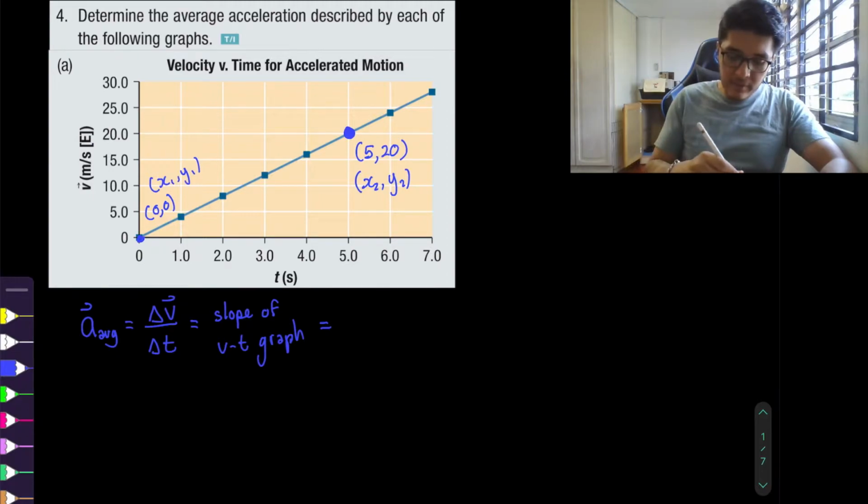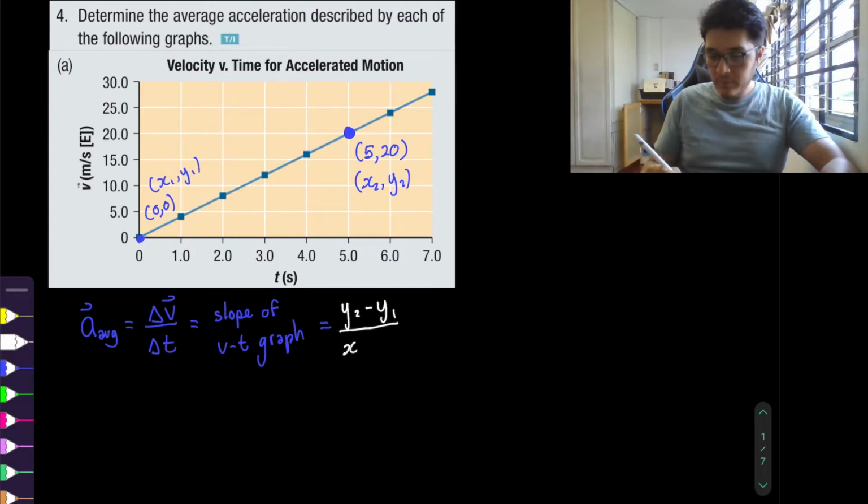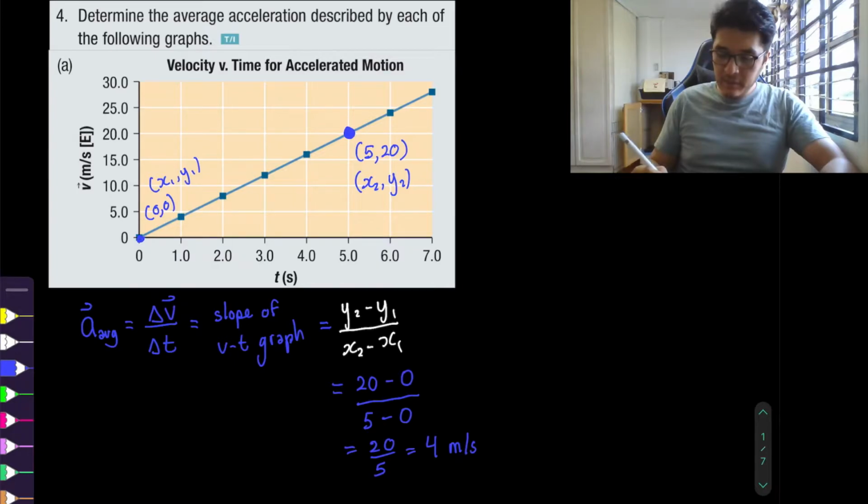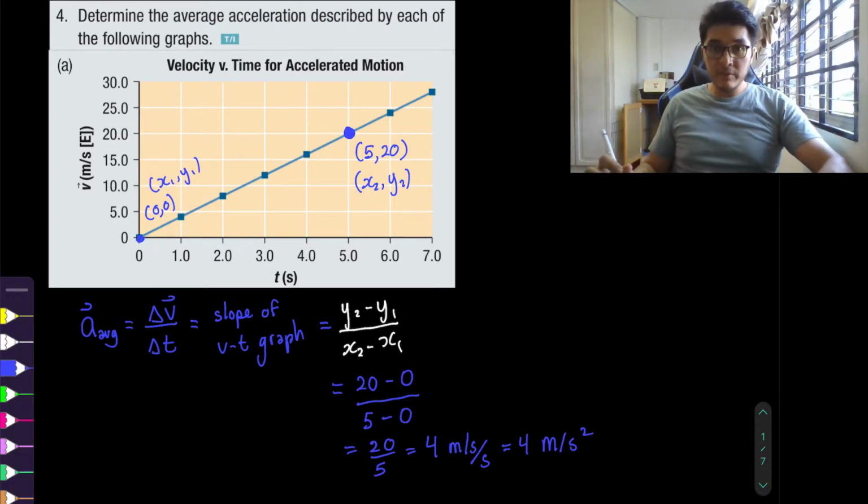You can think of it like y2 minus y1 over x2 minus x1, which if we put in the values, 20 minus 0 over 5 minus 0, which is 20 over 5, which is equal to 4 meters per second squared, as the units for acceleration, which you should have learned already from a previous lesson.